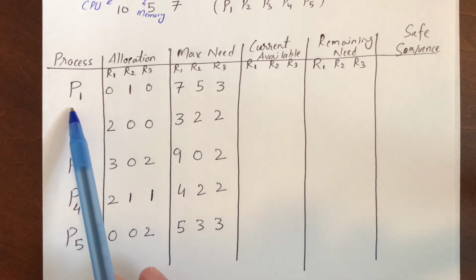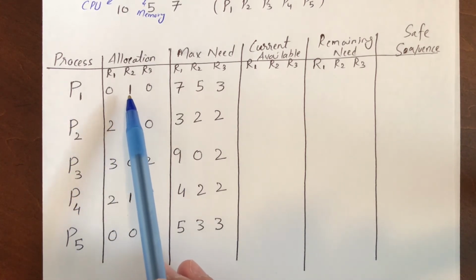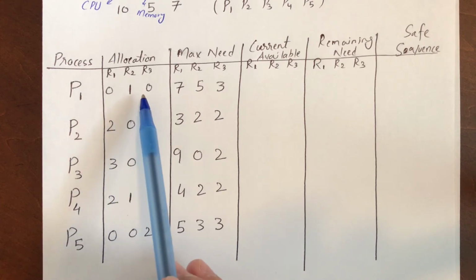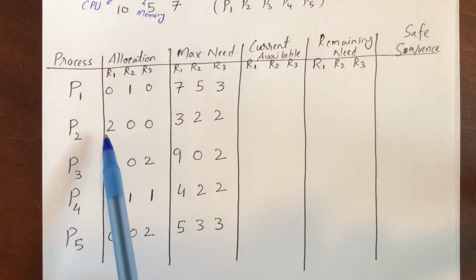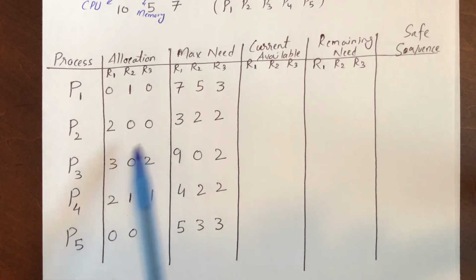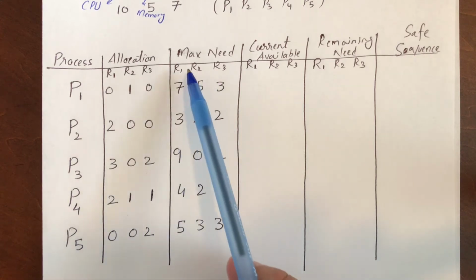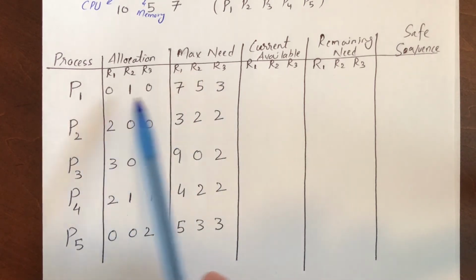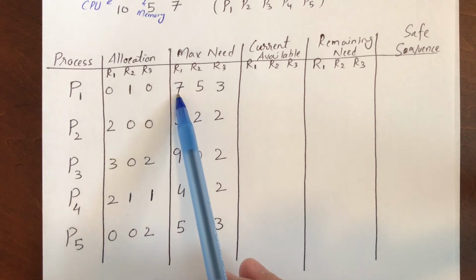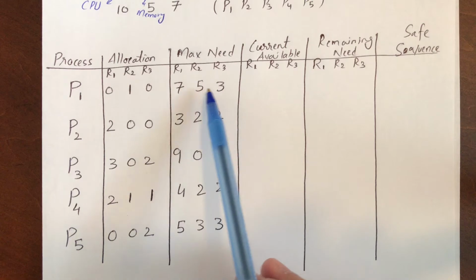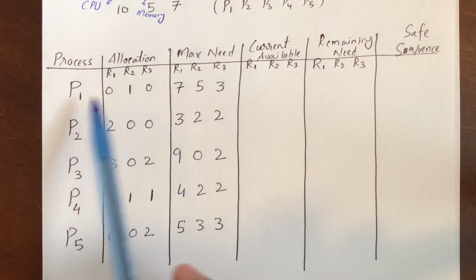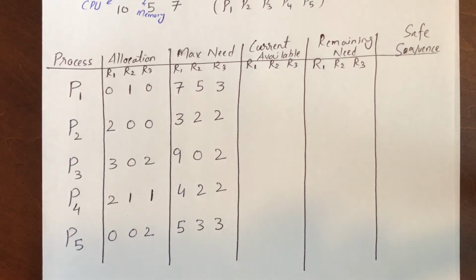Process 1 is currently using 2 instances of R1, and no R2 or R3, and the same is the case with other processes. Maximum need means process 1 needs 7 instances of R1, 5 instances of R2, and 3 instances of R3. If you assign these resources, process 1 can execute successfully and terminate itself.